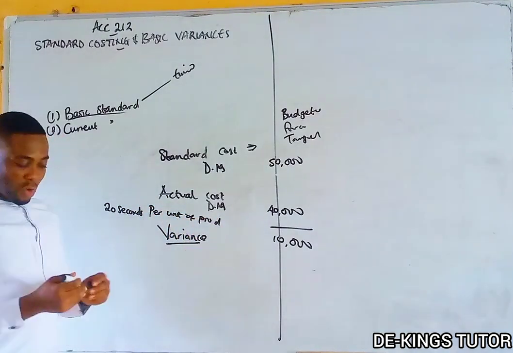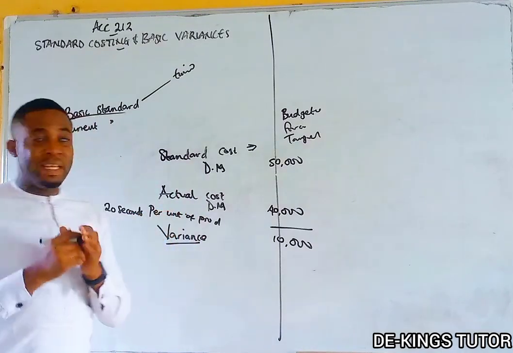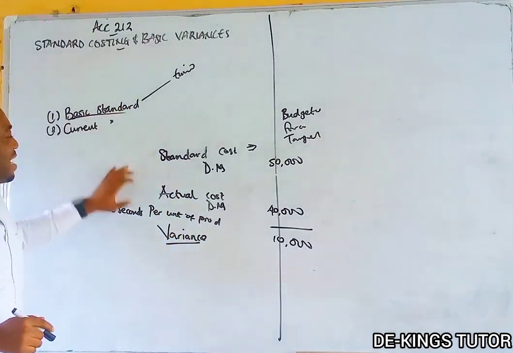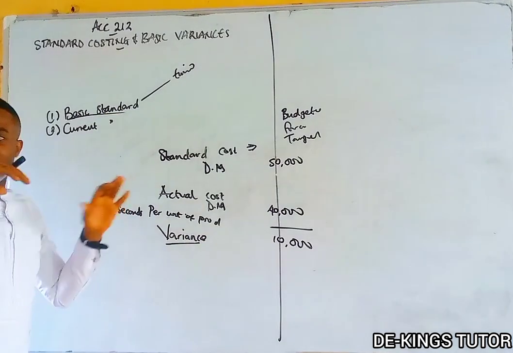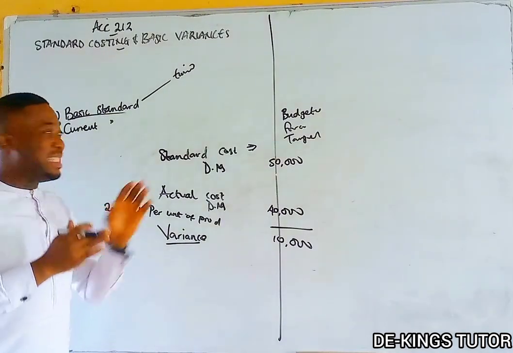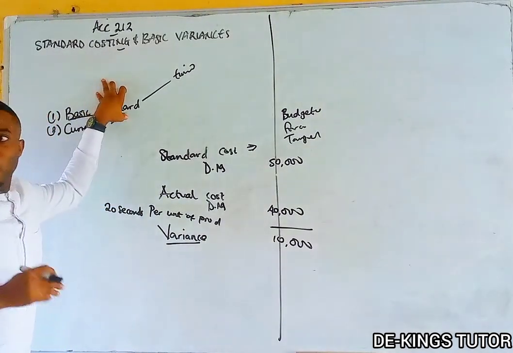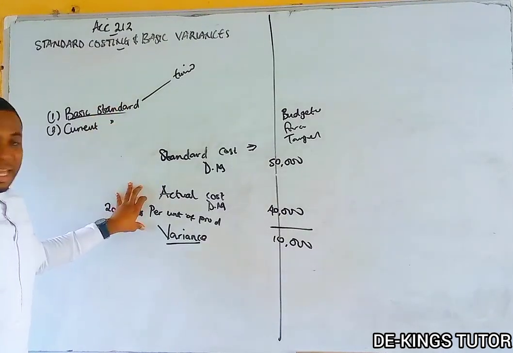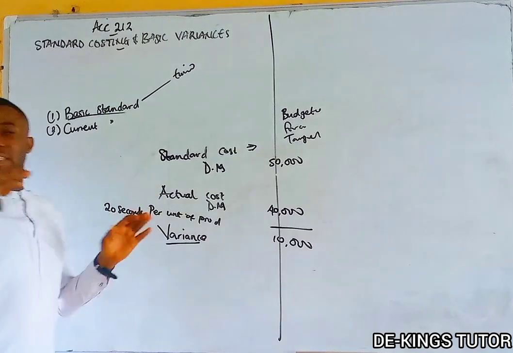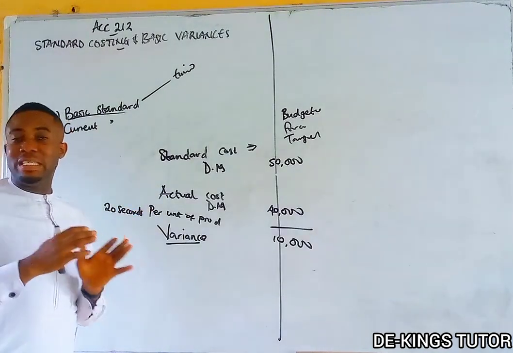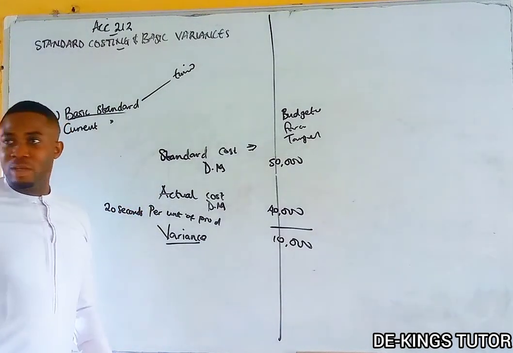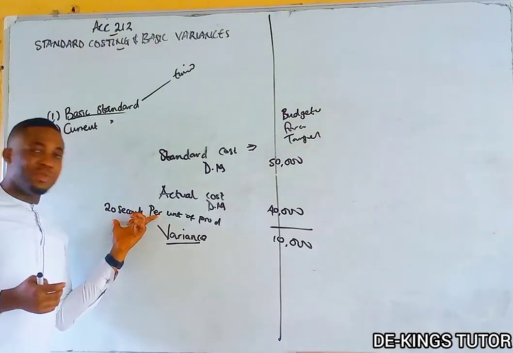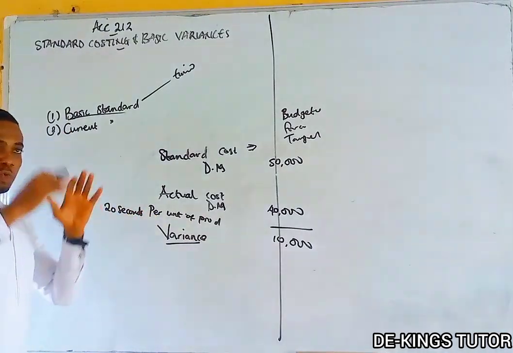It means they have set this standard when the firm is being established. It is the basic. Most times, a firm might have stayed up to 20 years and this is still there. That is why we say it doesn't reflect the current condition, because things might have changed over time. So they use this to do other standards.